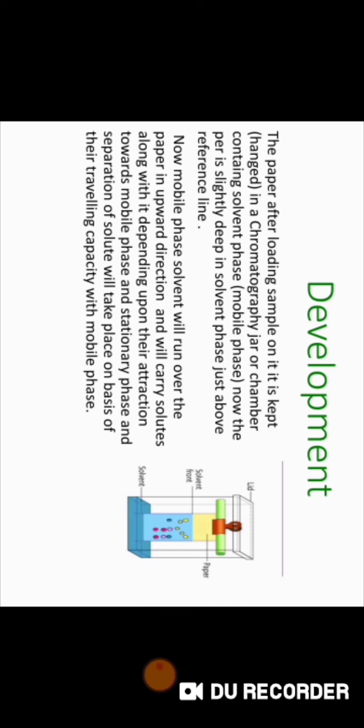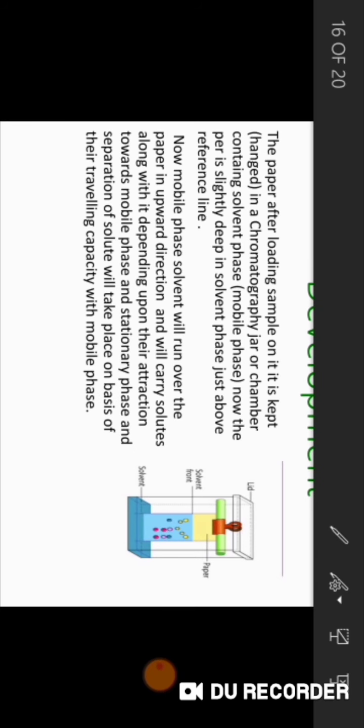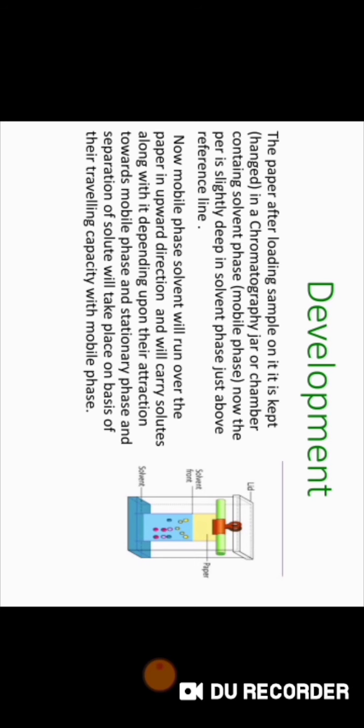Next we have one of the vital processes, that is development. So what is done in development? After loading a sample, the paper is kept in a chamber which contains the solvent system, in such a way that the sample spot will lie above the solvent level and will not merge or dip into the solvent system.